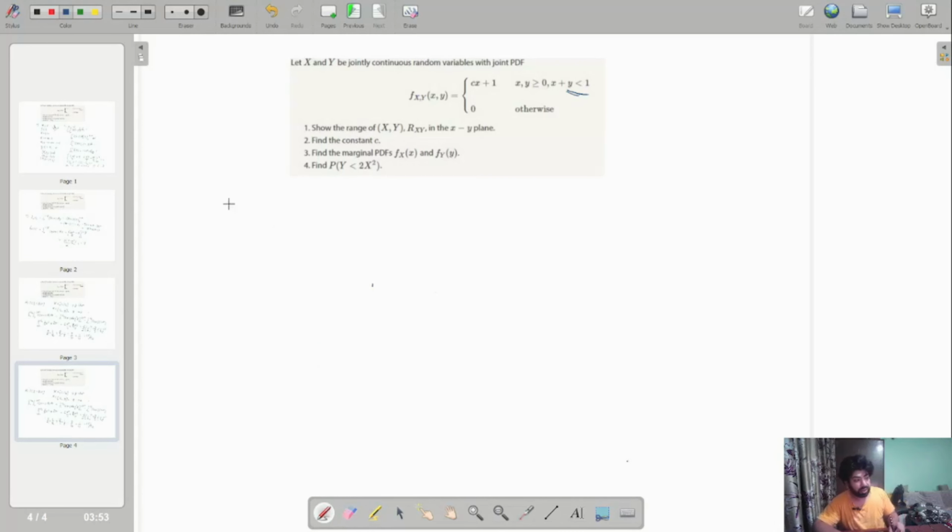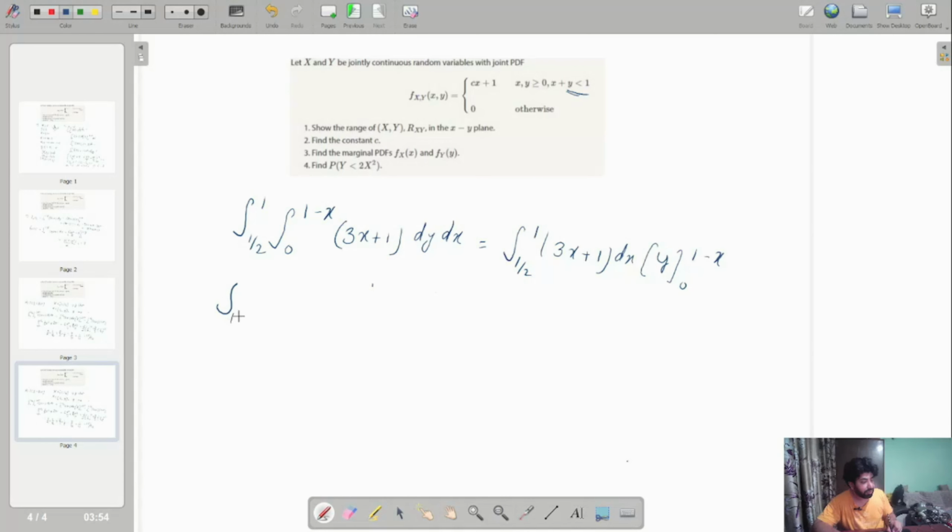So I will write down the next integral equation, which will be from 1 by 2 to 1, and here it will be going from 0 to 1 minus x. In this case again I will have my 3x plus 1 dy dx. We will solve this, so I'll have 1 by 2 to 1, and 3x plus 1 dx, and then here I will have y, which will have a range 0 to 1 minus x.